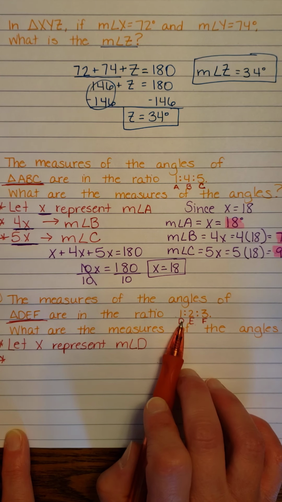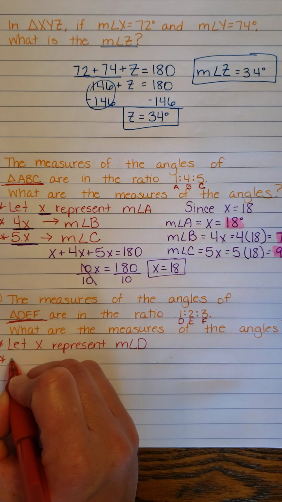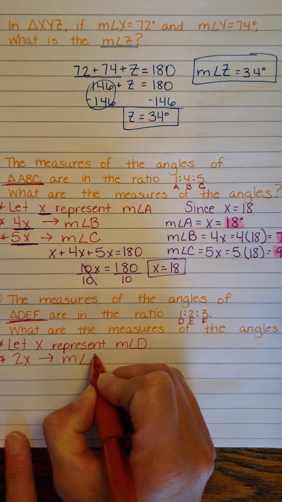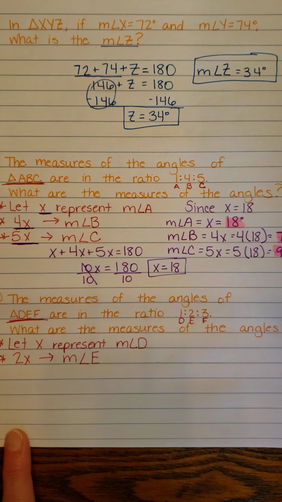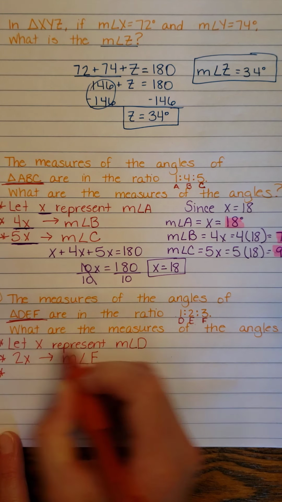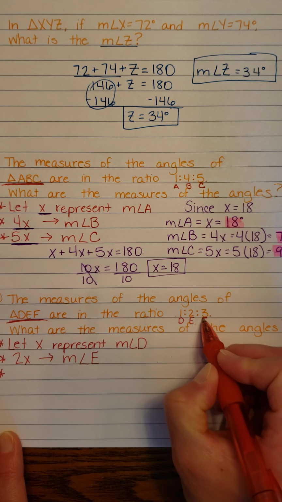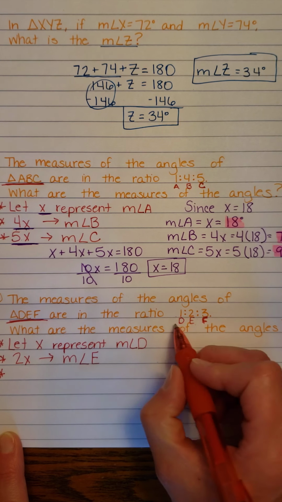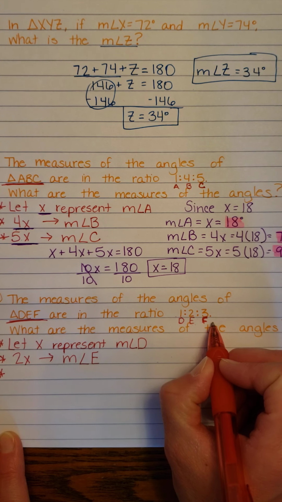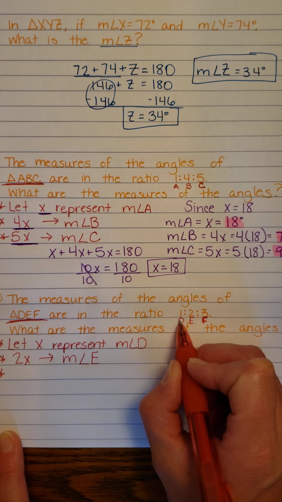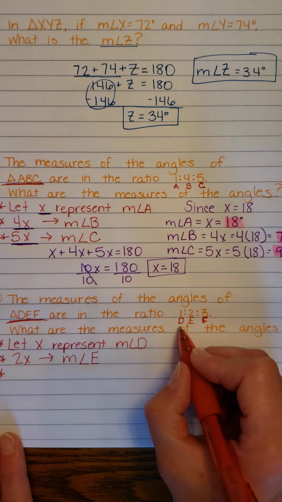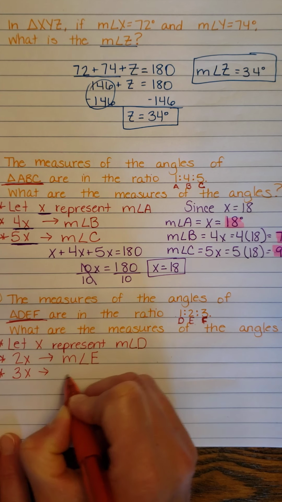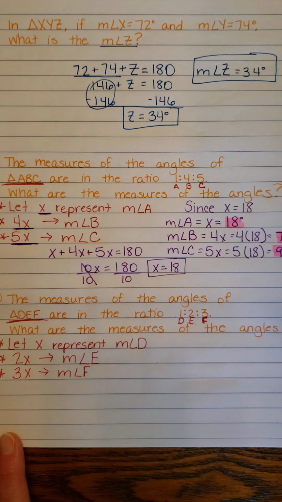Since we know that the measure of angle D is X, 2X is going to represent the measure of angle E. And then for F, again, when we're comparing, we always go back to the first one, that's 1 to 3. So for F, it's 3 times what D is. Since D was X, 3X is going to represent the measure of angle F.